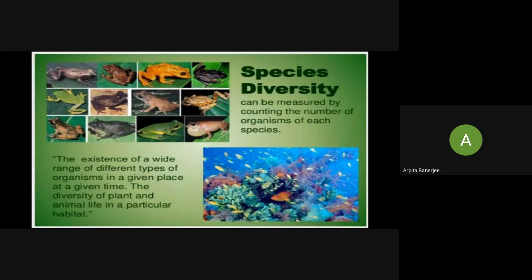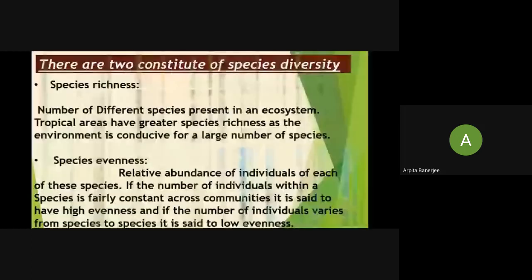Species diversity can be measured by counting the number of organisms of each species. It is the existence of a wide range of different types of organisms in a given place at a given time, the diversity of plant and animal life in a particular habitat.